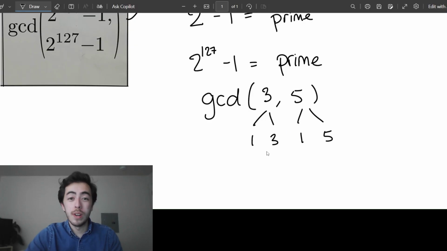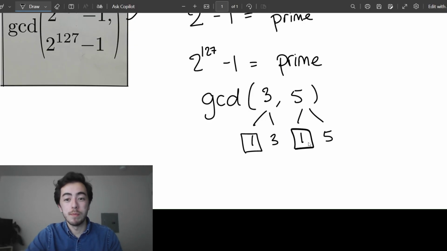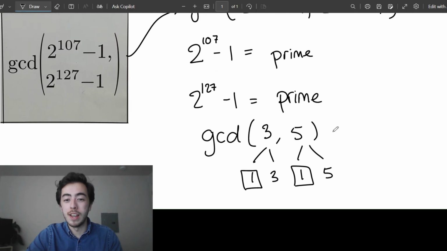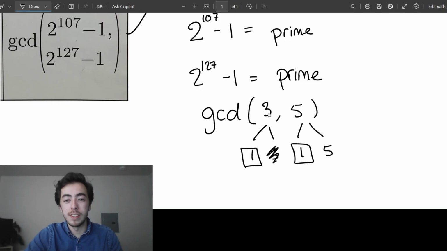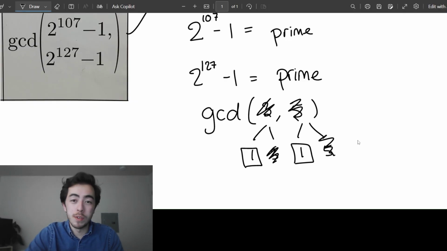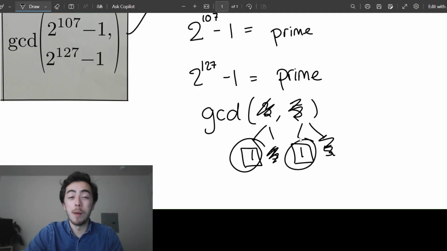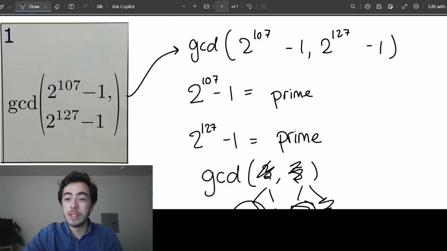And there's only one number in common between our lists, and it's just the number 1. So you can imagine that instead of doing 3 and 5, I just have those absurdly large numbers here and here. Those numbers are, of course, different. And so the only common divisor they have is 1. So the greatest common divisor they have is 1. So that is our problem today.